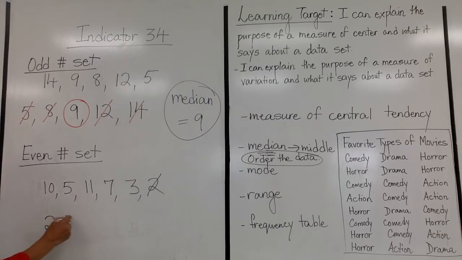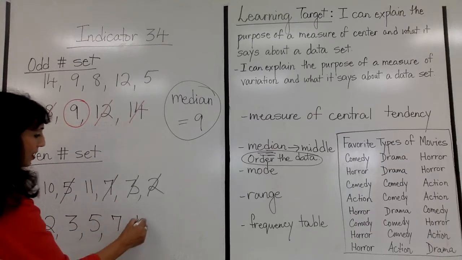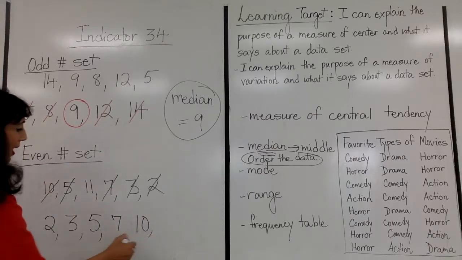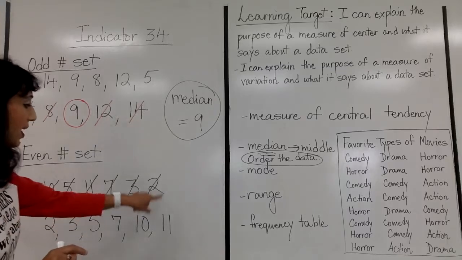Next one I can see is 3. So I can remove this. Next is 5. I can remove this. Next is 7. Next is 10. And then the last one is 11. Okay, let's see, this is the next step. 1, 2, 3, 4, 5, 6.